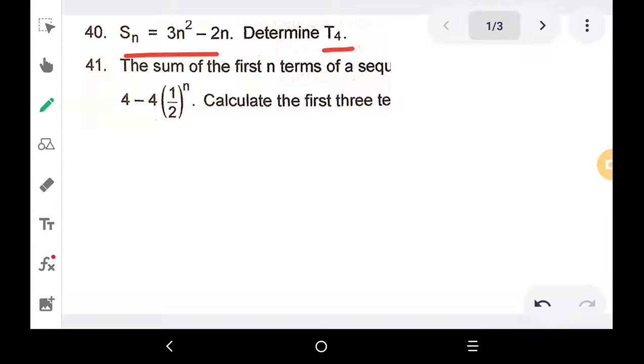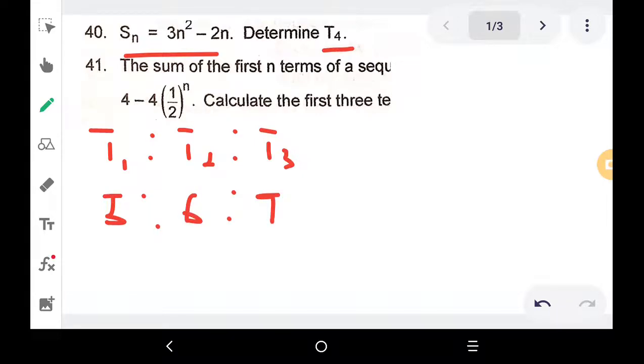Let's suppose that I'm given the following sequence, which is T1, T2, and T3, and let's give them numerical values: a 3, a 6, and then a 9.